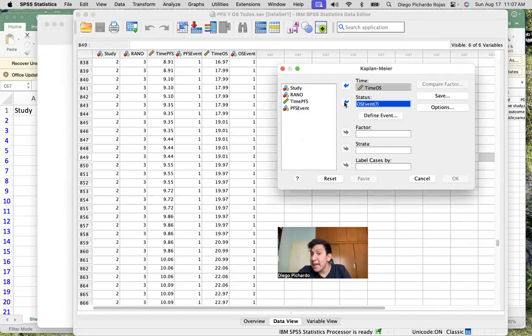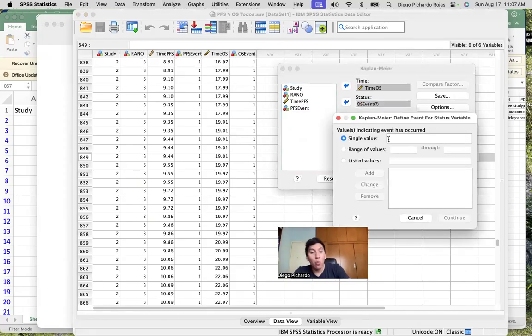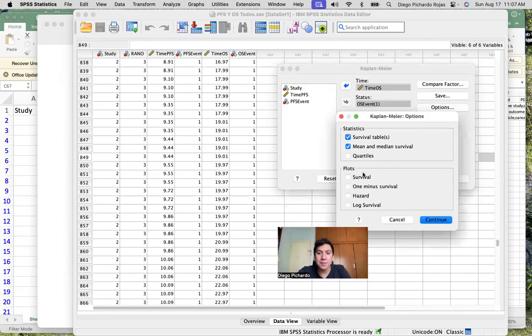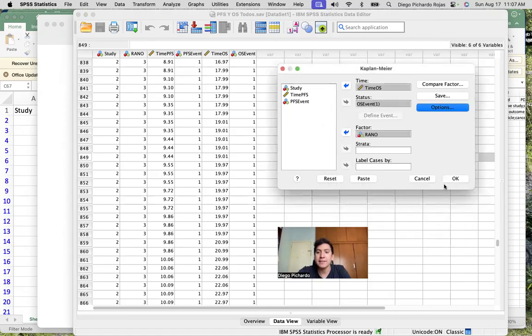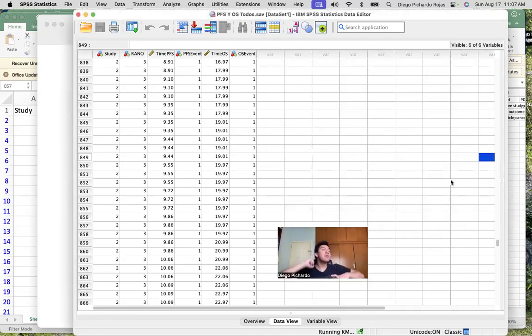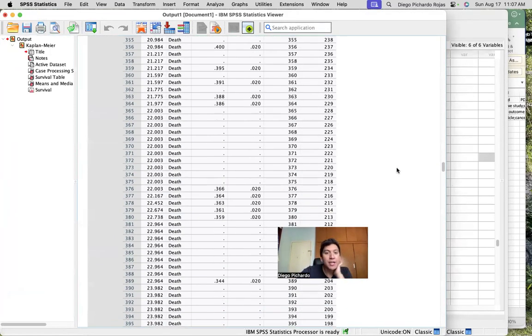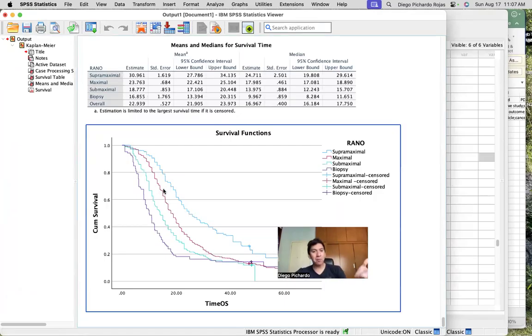Overall survival is whether they died or not. Which one was death? And after that, our groups were supramaximal or gross total, and then we chose the option of making a survival analysis, and we wait 30 seconds for Mr. SPSS to finish doing its magic, and boom, we have a hella big curve that we got from three images, you know?